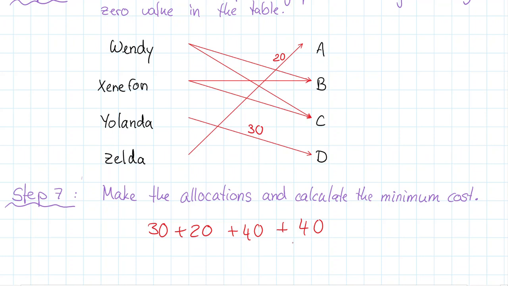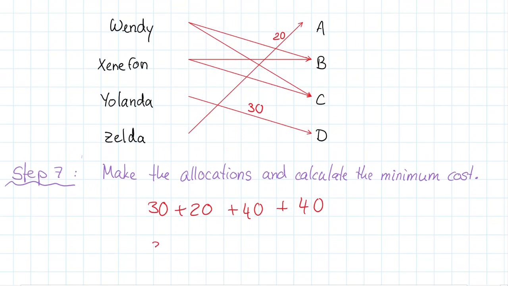So that is the one option. The other option is that Wendy operates machine C. Wendy operating machine C would take 50 minutes, and then that would mean that Xenophon needs to operate machine B, and that would take 30 minutes.